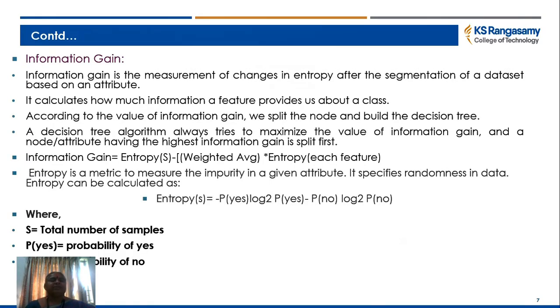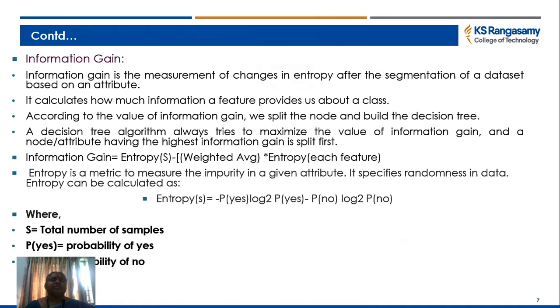So what is information gain? It is the measurement of changes in entropy after the segmentation of a data set based on an attribute. Entropy is a metric to measure the impurity in a given attribute. It specifies the randomness in data. Entropy can be calculated as Entropy(S) = -P(yes) log2 P(yes) - P(no) log2 P(no).